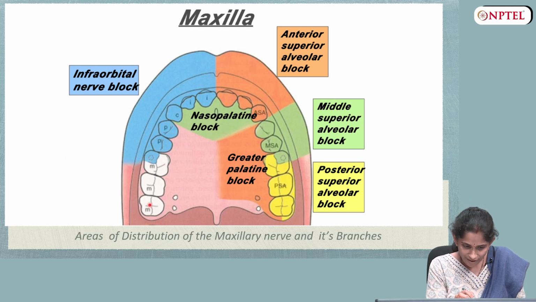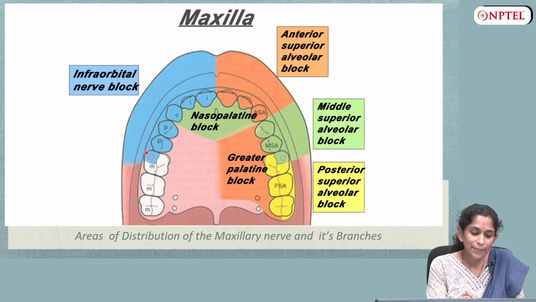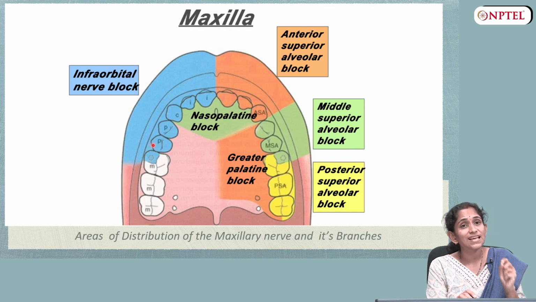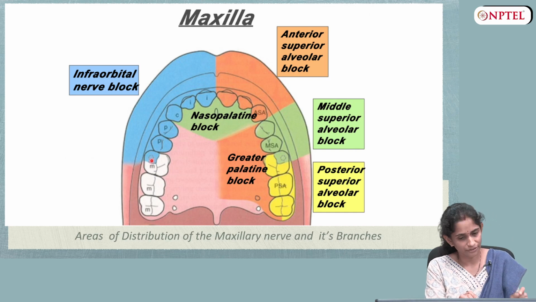The posterior superior alveolar nerve supplies the molar teeth except for the mesiobuccal root of the first molar, and this happens only in 28% of the cases. In 28% of the cases, the mesiobuccal root is supplied by the middle superior alveolar nerve.